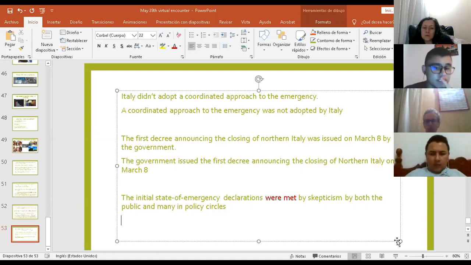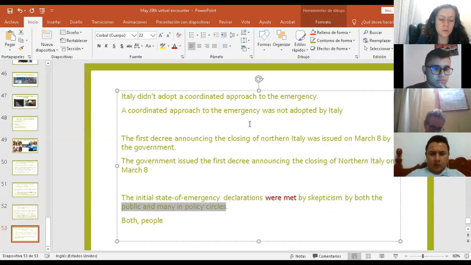The subject is both the public and many policy circles. I would add people: both people in the public and many policy circles.